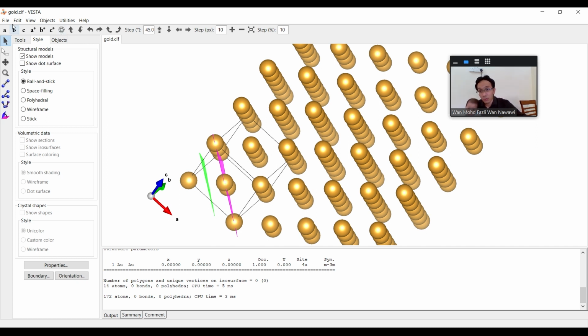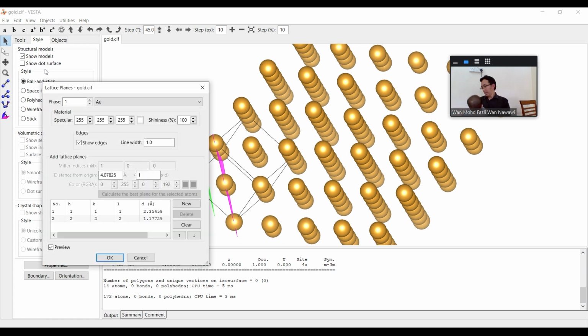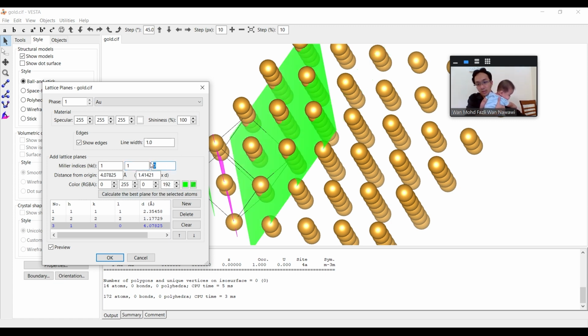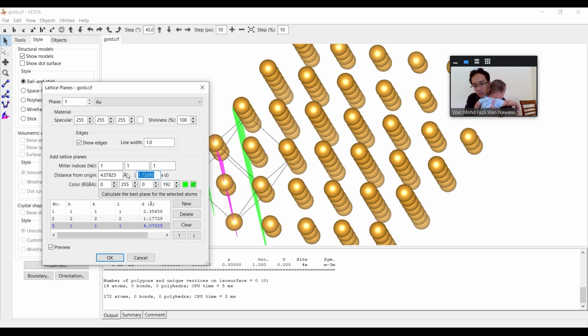But if I make a new plane again, and then I put 111, and then I put number 2 instead of 2, enter.